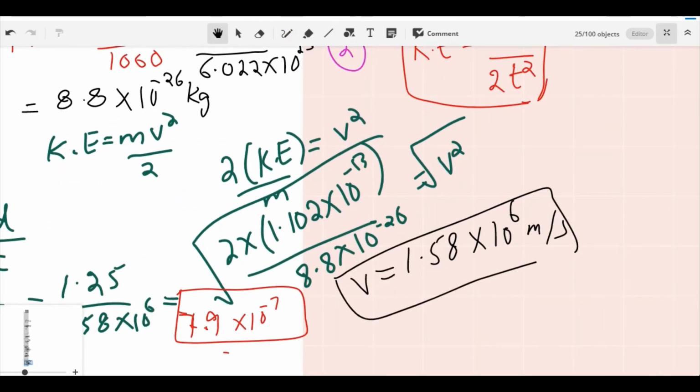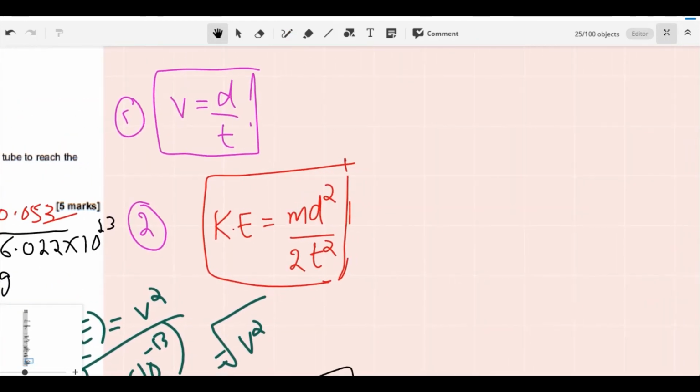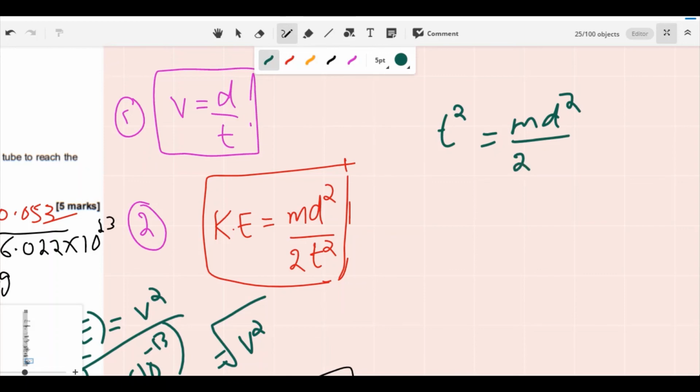Or, the other way: kinetic energy is equal to md square divided by 2t square. Here you can rearrange, and I will solve that way as well. So t square is equal to md square divided by 2 KE.